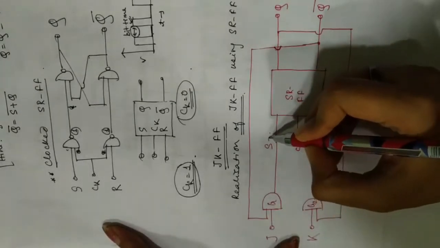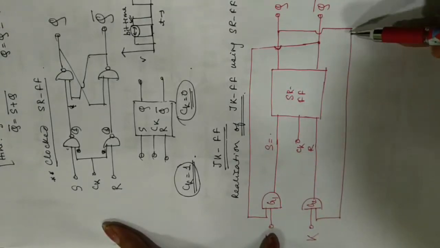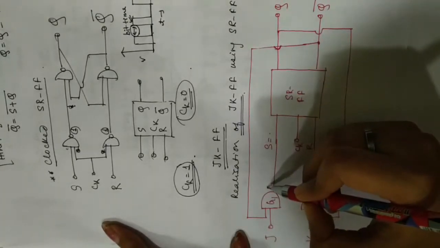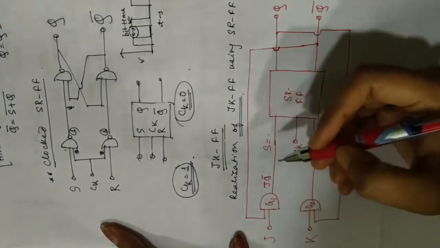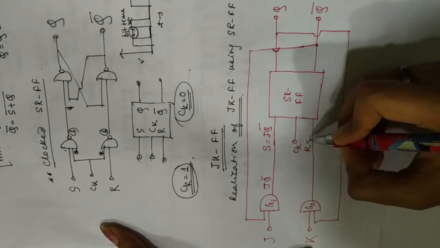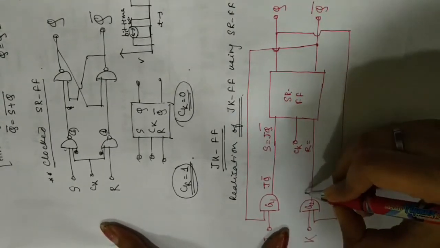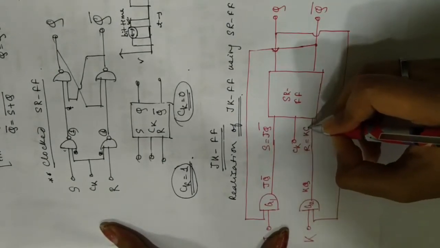Here S is equal to, we have a J coming from this gate and we have taken a feedback from Q bar. So over here the output is J Q bar, right? So over here we have J and a Q bar, and R is equal to, we have a K and we have a Q coming from here. So it is K and Q, that means R is equal to KQ.